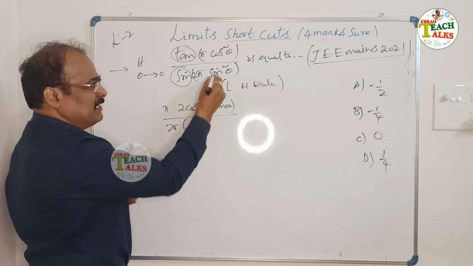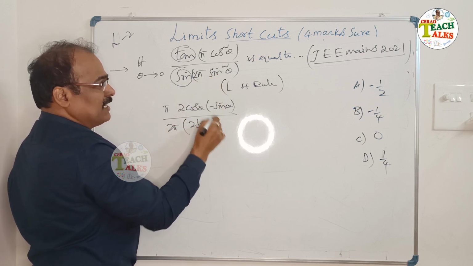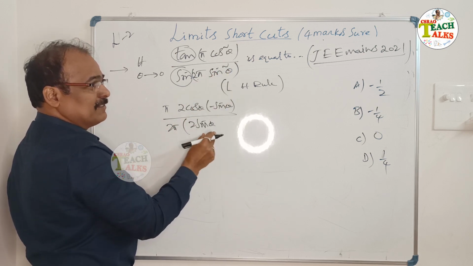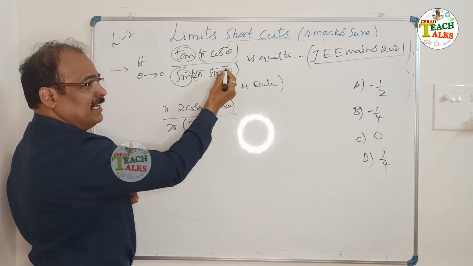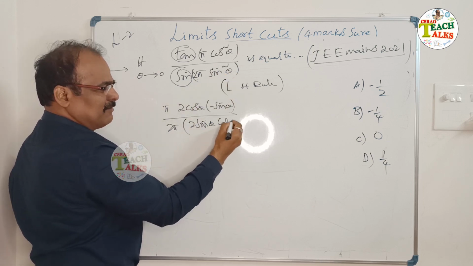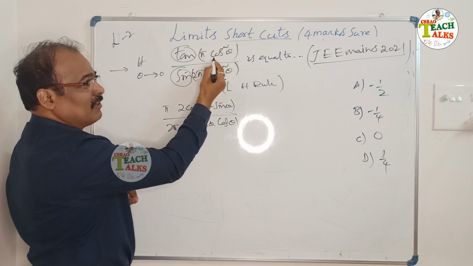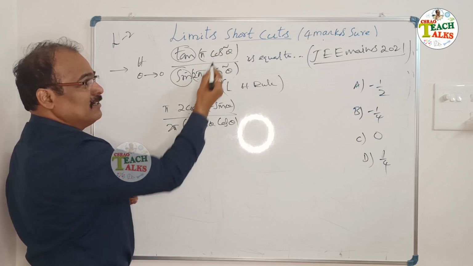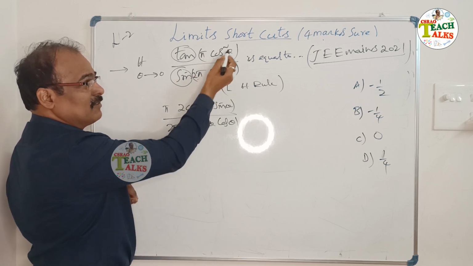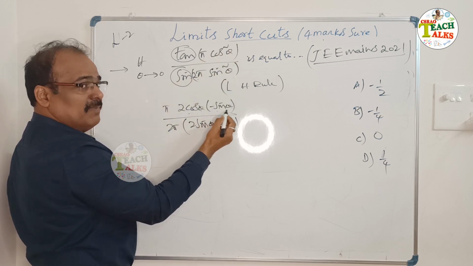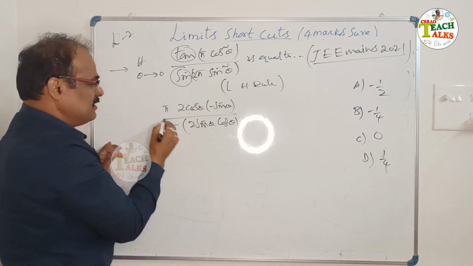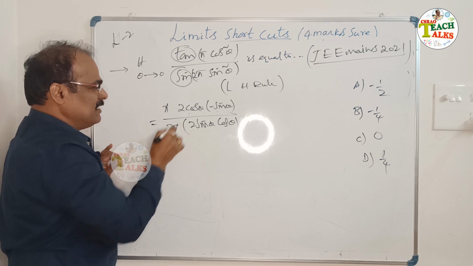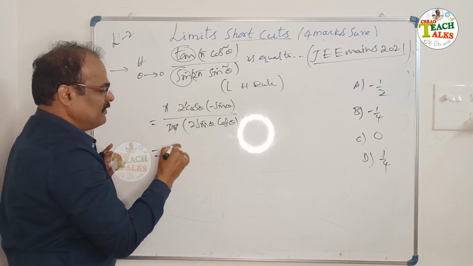Very simple. You see, sin square means 2 sin theta, like x square means 2x, times the internal derivative, cos theta. Here cos square theta means 2 cos theta, times the internal derivative, minus sin theta. That's why, what is left? Pi gets cancelled, 2 gets cancelled. What is left?